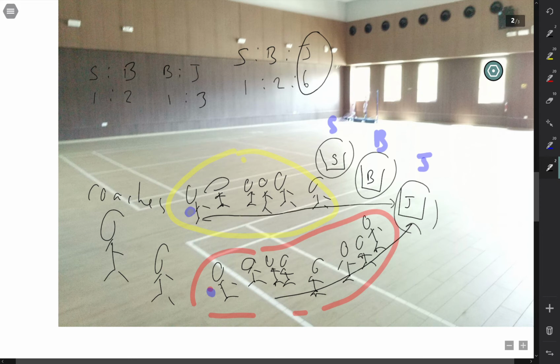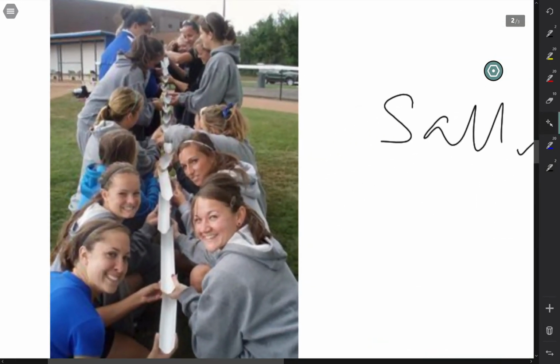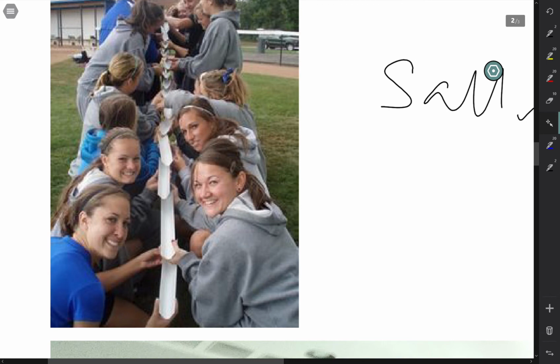Now the tricky part is how they are going to do it. They're going to do it this way. You can see over here, every one of them will be given two pieces of A4 size paper.